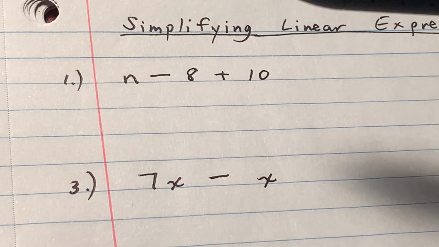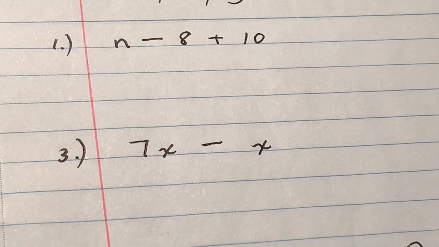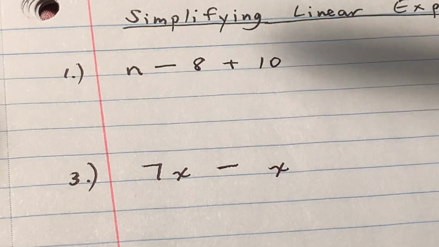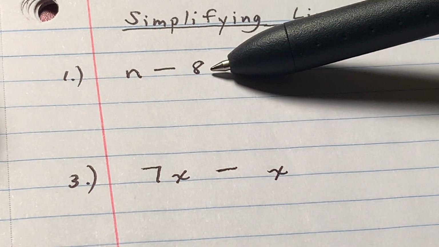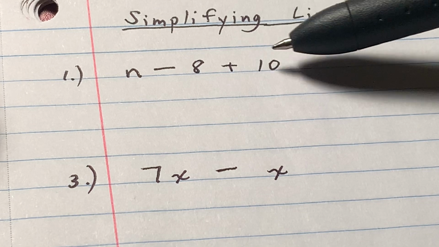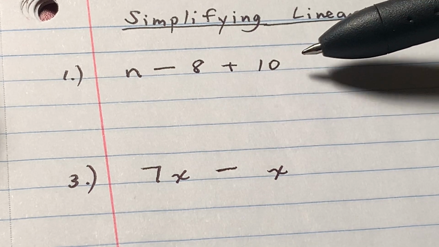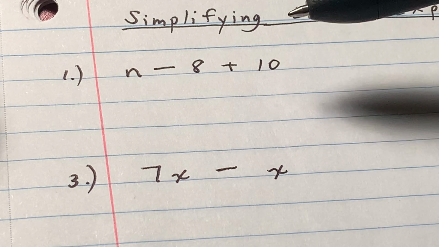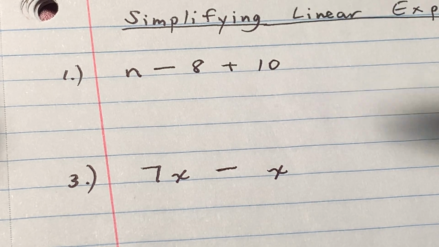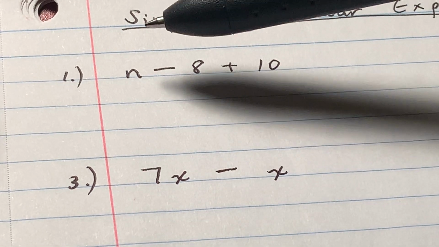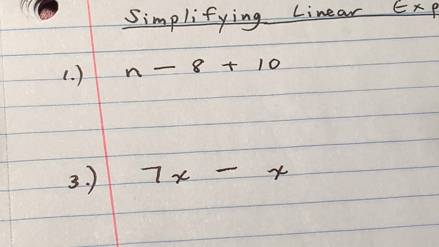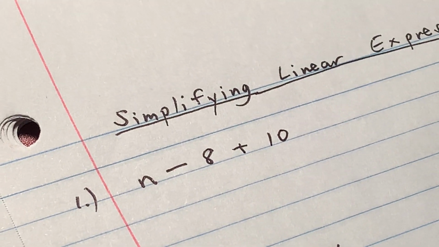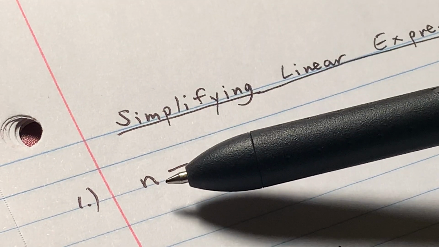Do you see any constants in question number 1? If you said yes, -8 is a constant because there's no variable touching it, and so is +10, because there's no variable next to it. You would be correct. They are constants, and therefore they are like terms. N, however, is what we call a variable term because it's not just a number.